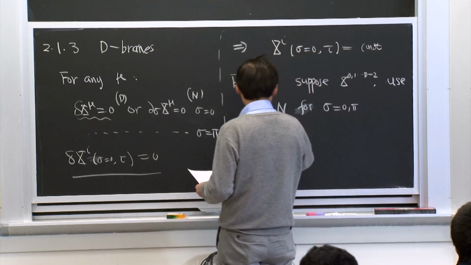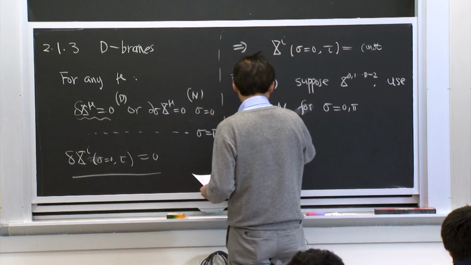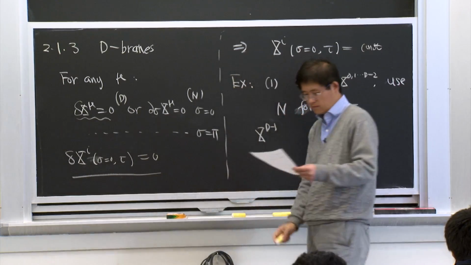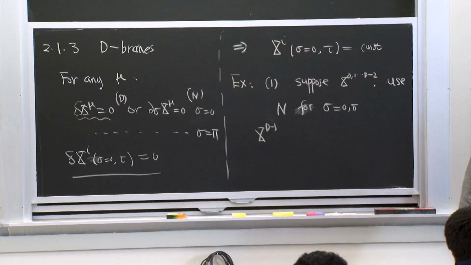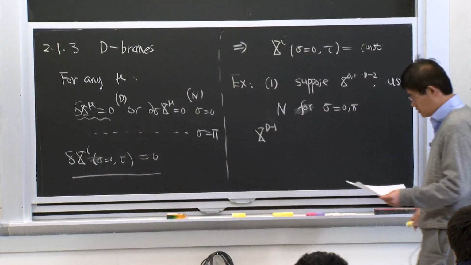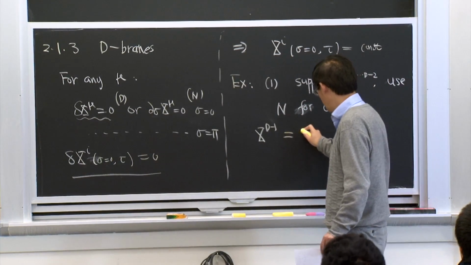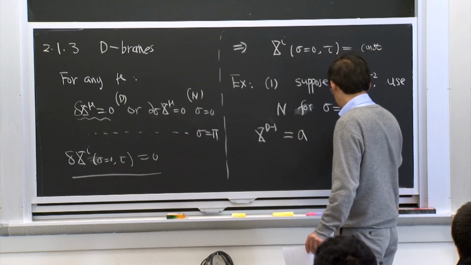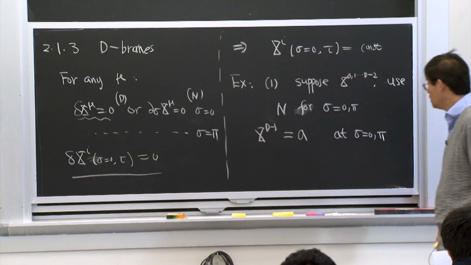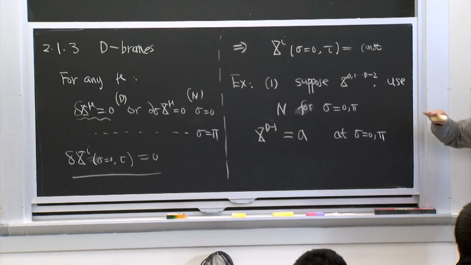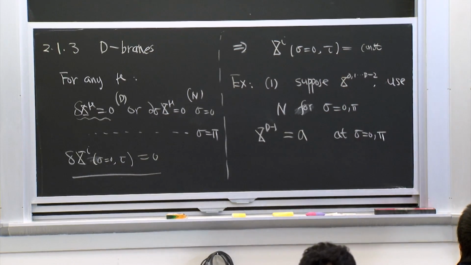But for the last coordinate, d minus 1, let's impose the Dirichlet boundary condition. Let's take it to be a at both sigma equal to 0 and pi. For the moment, let's take the boundary condition to be the same at both sigma equal to 0 and pi.